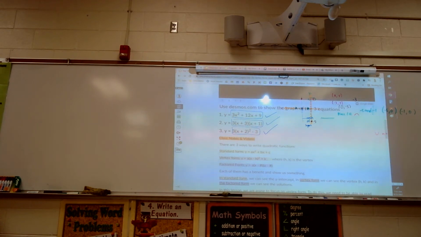3x squared más 12x más 9. X más 1. Okay.